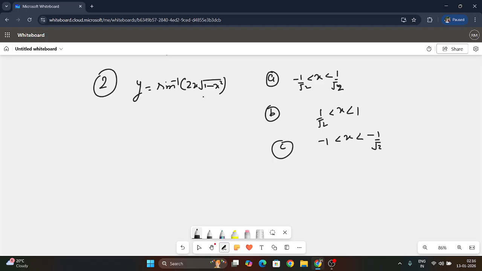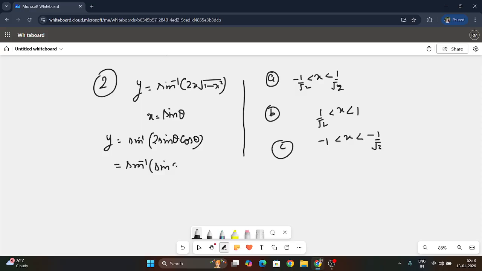So let's substitute x is equal to sine theta, and this becomes y is equal to sine inverse of 2 sine theta cos theta, which is sine inverse sine 2 theta.